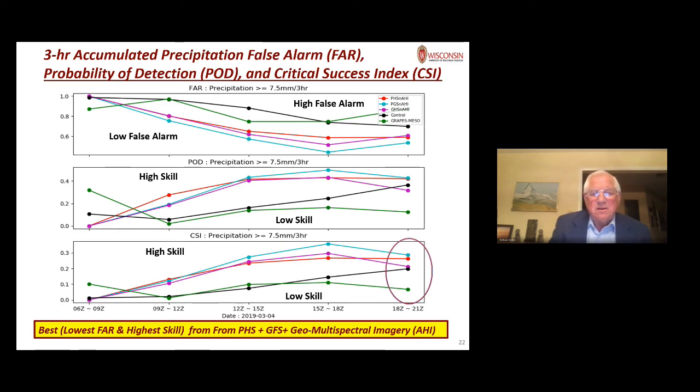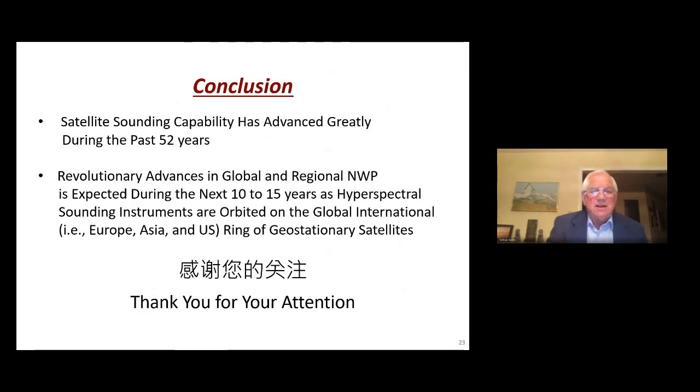And so it clearly shows that the satellite data improves precipitation forecast significantly. And we see this over the US from our operational system as well.